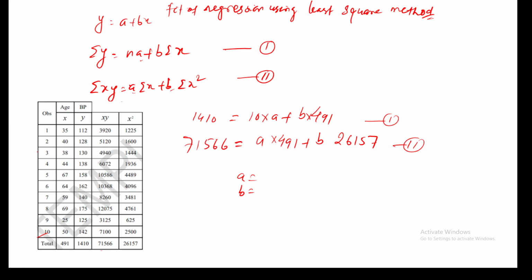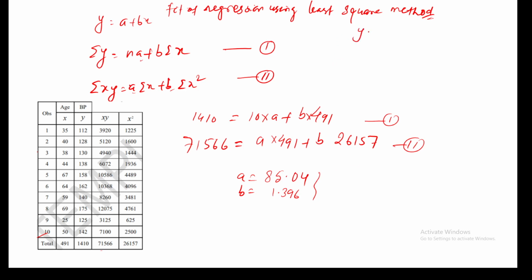We are getting the same now. We get the value of a, that is the intercept, 85.04, and slope value 1.139. So that's the way you can do it.